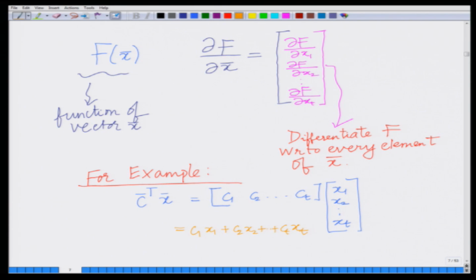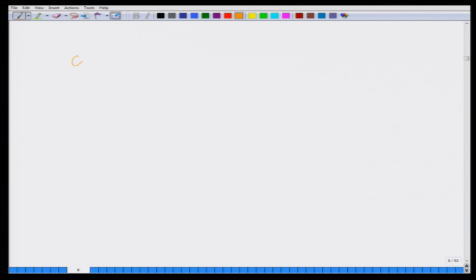Now, if you look at this, c bar transpose x bar equals c1 x1 plus c2 x2 plus ct xt. If I differentiate this, and let us say this is my f of x bar equals c bar transpose x bar.